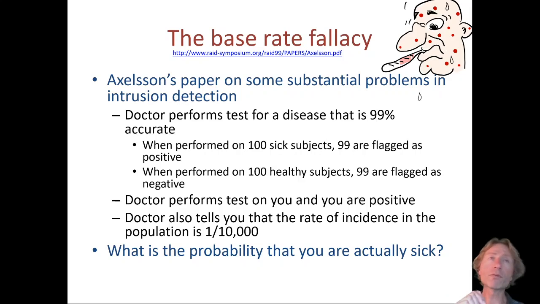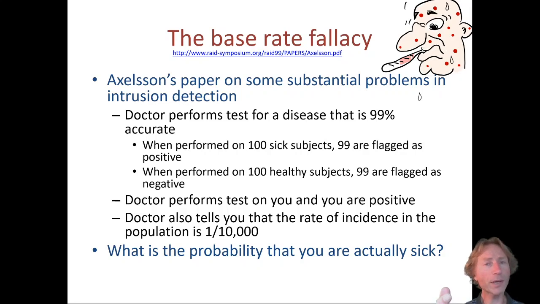Now, the doctor performs the test on you, and guess what? You test positive. Now, the doctor also tells you that the rate of incidence in the population is 1 in 10,000. So 1 in 10,000 gets the disease. What is the probability that you're actually sick?